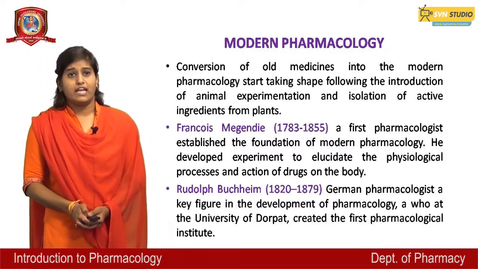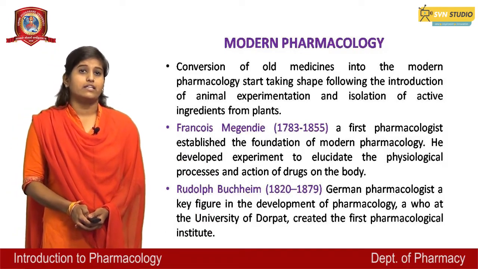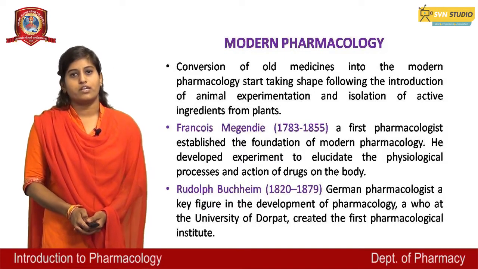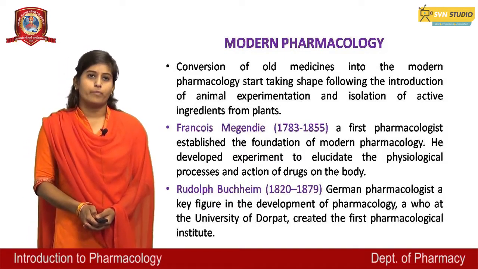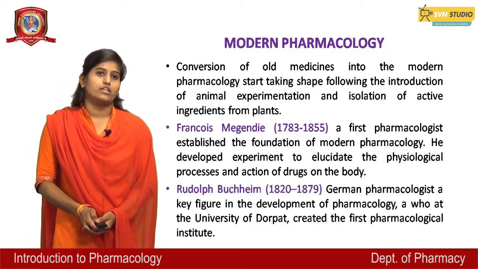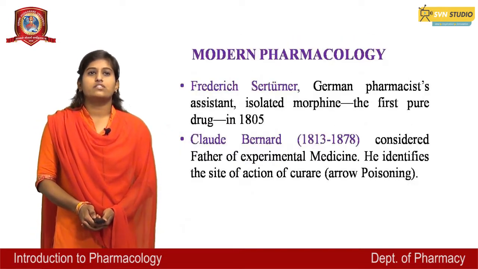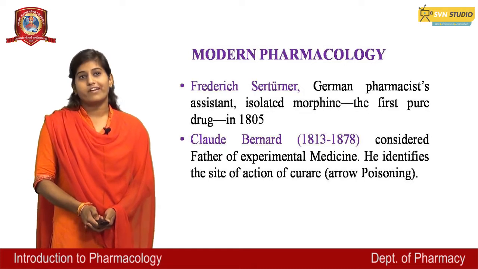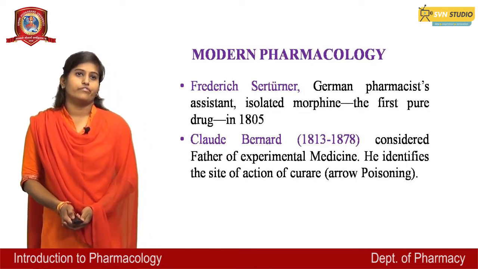Rudolf Buchheim, 1820 to 1879, a German pharmacologist and key figure in the development of pharmacology, created the first pharmacological institute at the University of Dorpat. Friedrich Sertürner, a German pharmacist's assistant, isolated morphine, the first pure drug, in 1805.